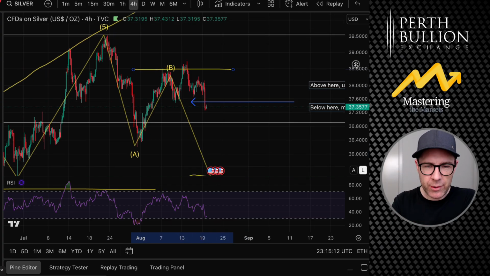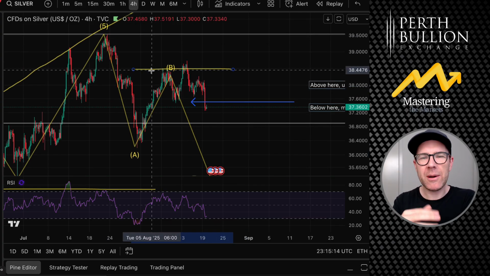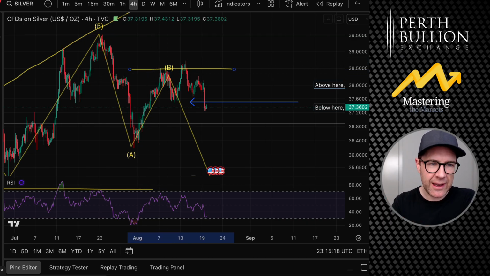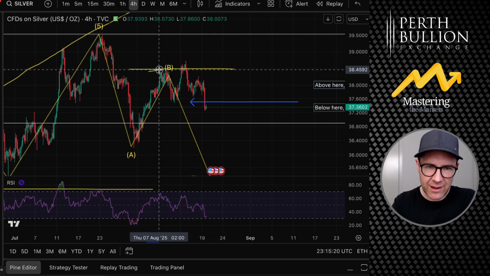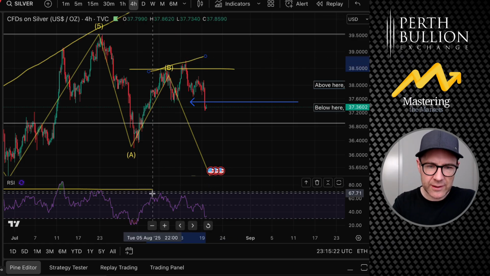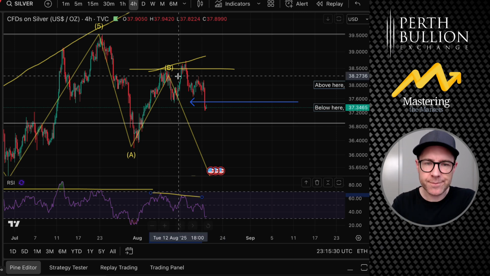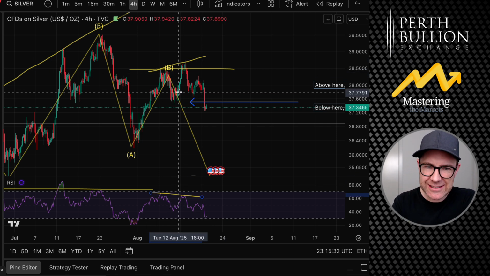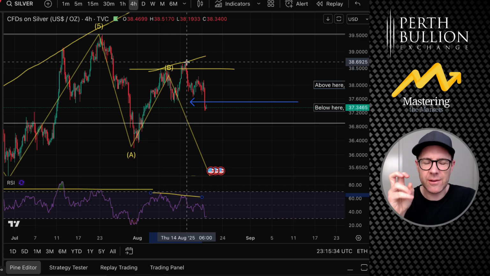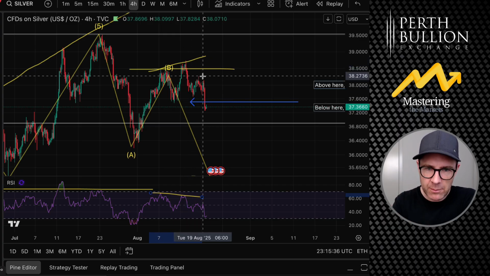What we did is we broke above that $38.50 area, but unfortunately on that smaller time frame, on the 4-hour, it was also a bearish divergence. Again, you had a higher high here, and then look at that. That's not even an equal high, that's a lower high on the relative strength index. So that's a stronger bearish divergence, and we've seen that play out. It's a little bit of an excess move, a little blow-off top, I guess, on the 4-hour time frame, and we've seen that move back down.